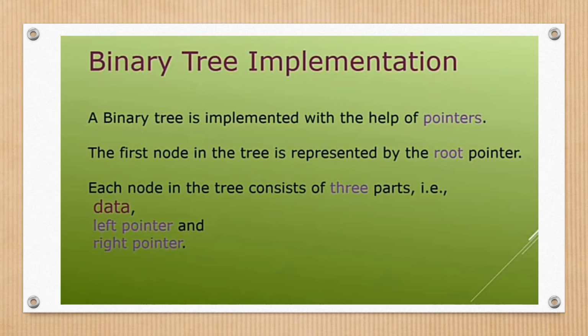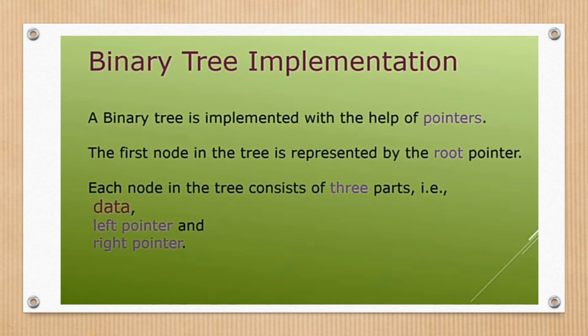Binary tree implementation. The binary tree can be represented using pointers. Already in the previous slides we have learned that binary tree can be represented either using arrays or linked list. If you have used linked list for binary tree implementation, then we will use pointers in that.